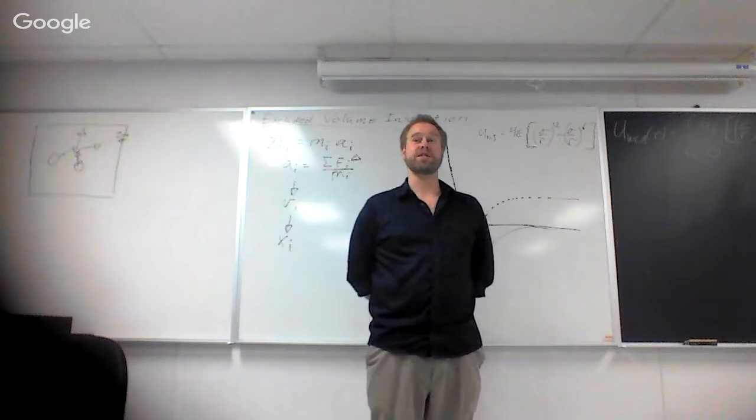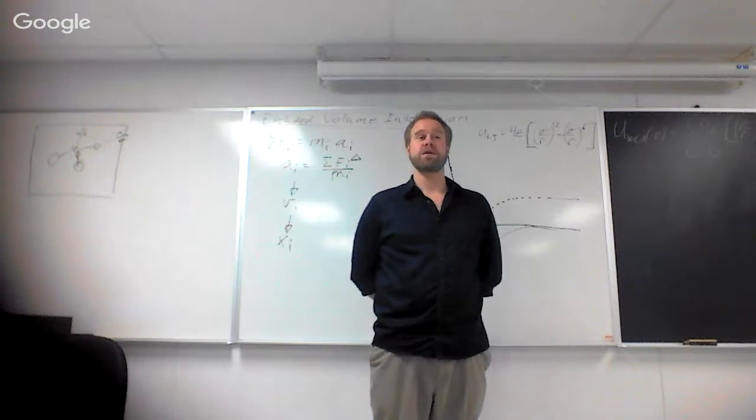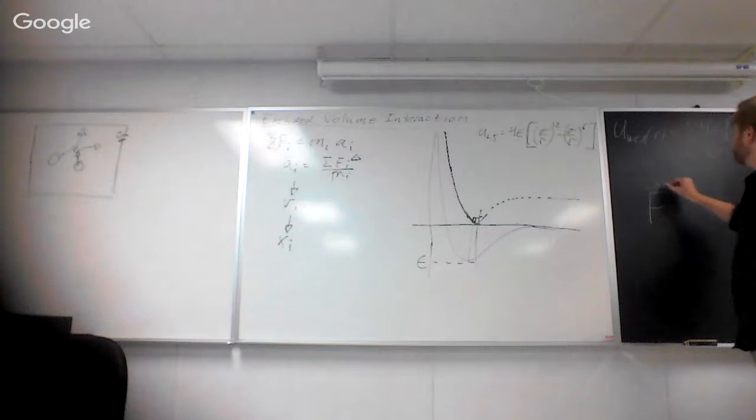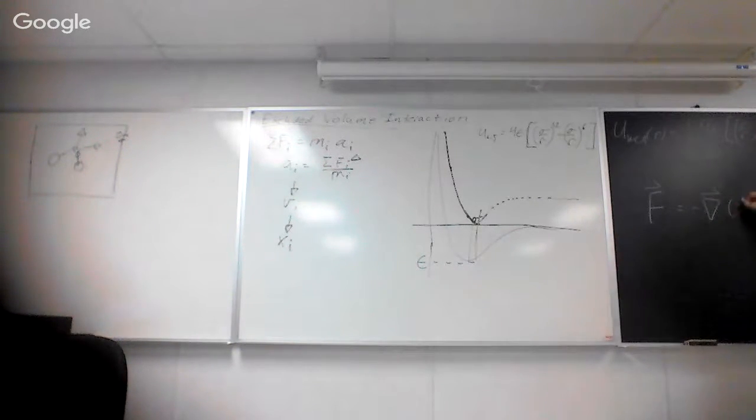Okay, any questions on this? We're all good? Okay, there's a problem. I've been talking about a potential. What does our MD simulation need? Force. How do we get a force from a potential? Anyone remember? Okay, so you have a conservative potential energy, the force is negative the gradient of that.